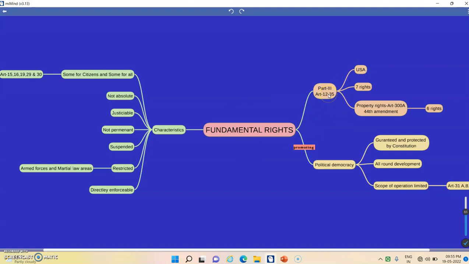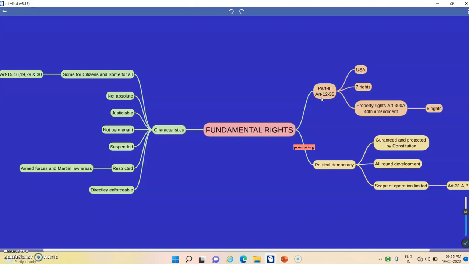This Part 3 of the Constitution is actually called the Magna Carta of India. Why? Because this Part 3 contains a very long and comprehensive list of justiciable fundamental rights.